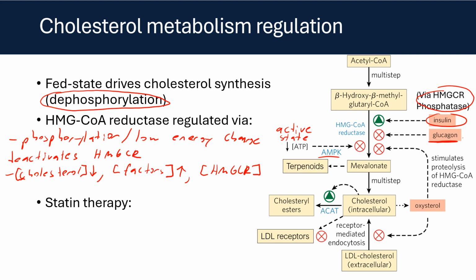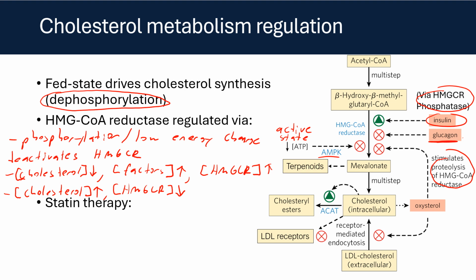When cholesterol is high in the cell, the opposite happens. We will not only stop making this key enzyme, HMG-CoA reductase, but we will actually make a special enzyme that will degrade any remaining active HMG-CoA reductases.